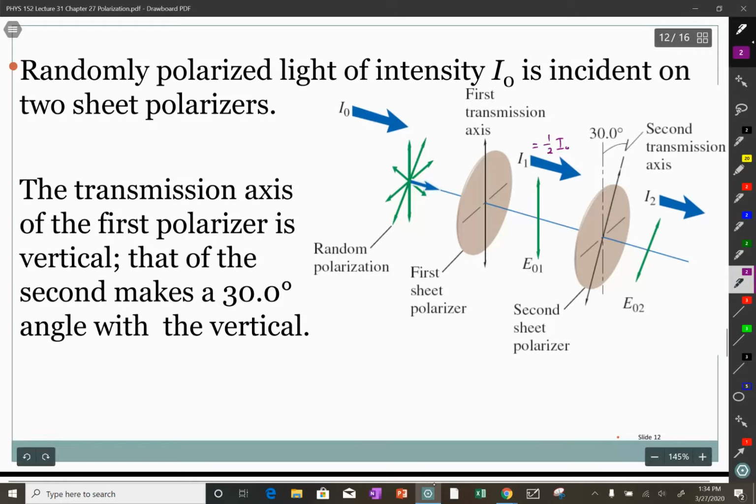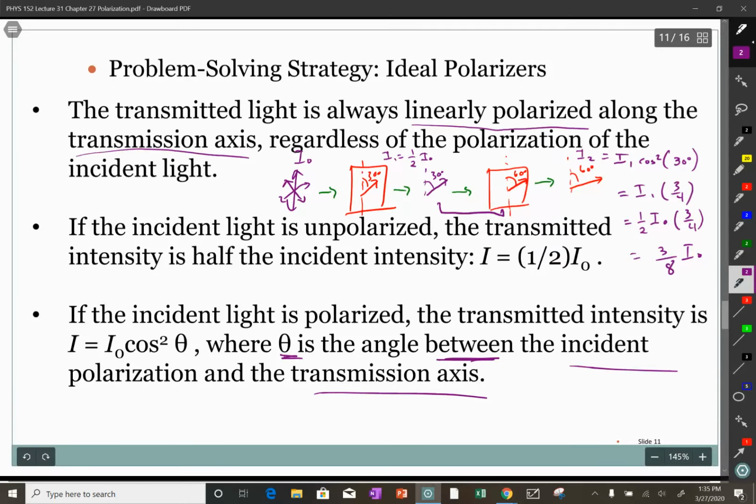The second polarizer: I2 is I1 cosine squared theta. Well, I1 is 1/2 I0, and theta, the angle between this and my incident light of vertical, is 30 degrees. And it brings us to the answer we just did.